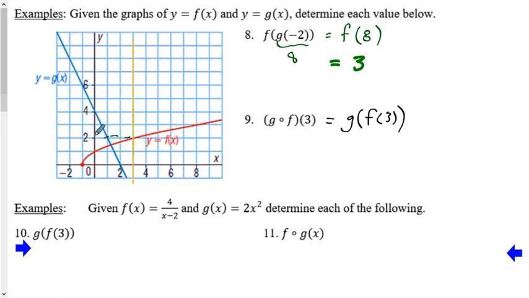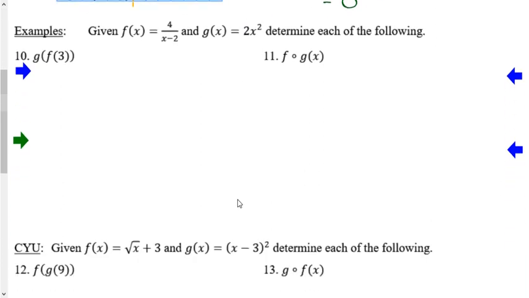So this is equal to g of 2. That 2 now becomes input. So input into the g of x function, which gives me output of 0. There's the composition of functions graphically. Now let's look a little more algebraically.